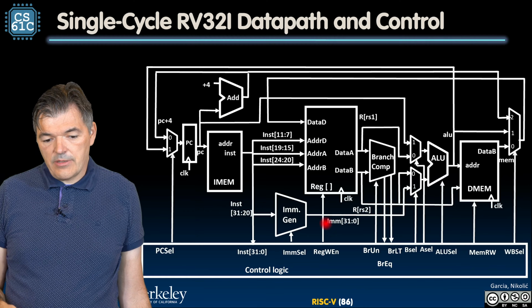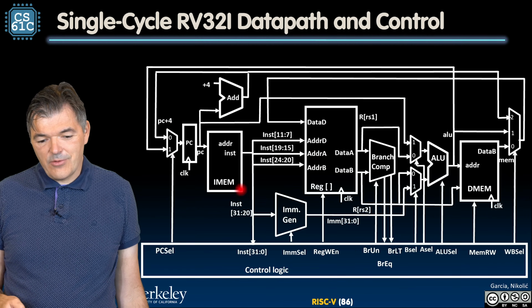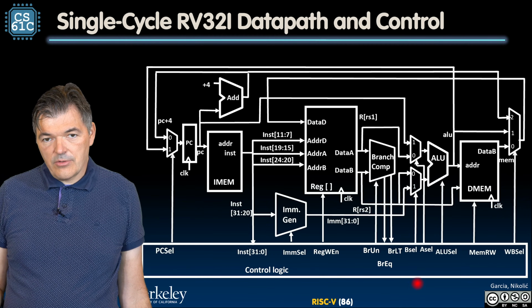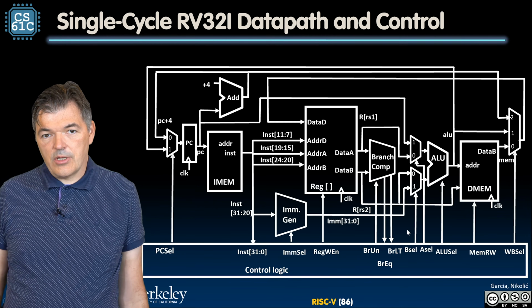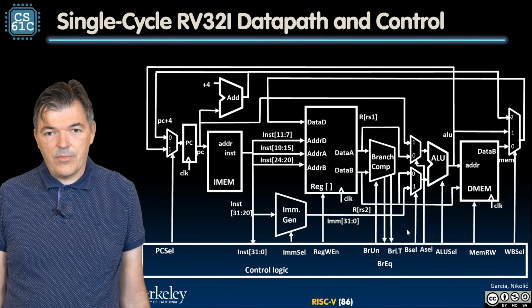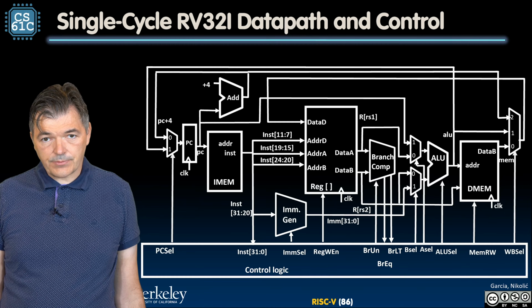This is the data path, a different view of a data path, a detailed view of a data path, and the control unit is primarily the control logic that is at the bottom of this picture.